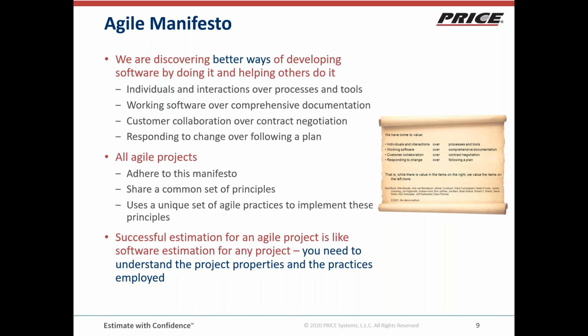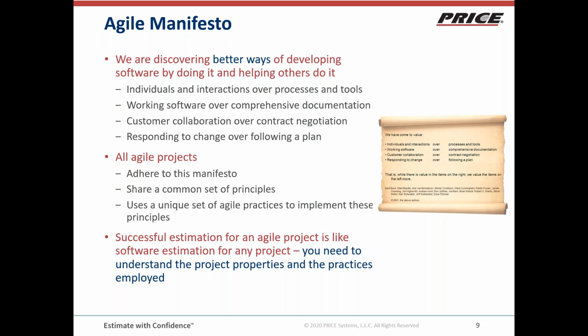So the Agile Manifesto says, we are discovering better ways of developing software. We are valuing individuals and interactions over processes and tools, working software over comprehensive documentation, customer collaboration over contract negotiation, and response to change over following a plan.